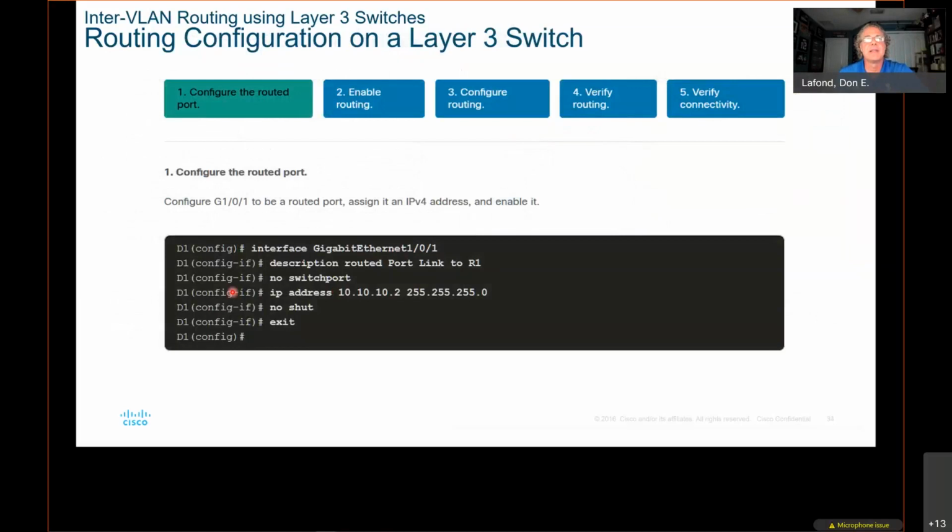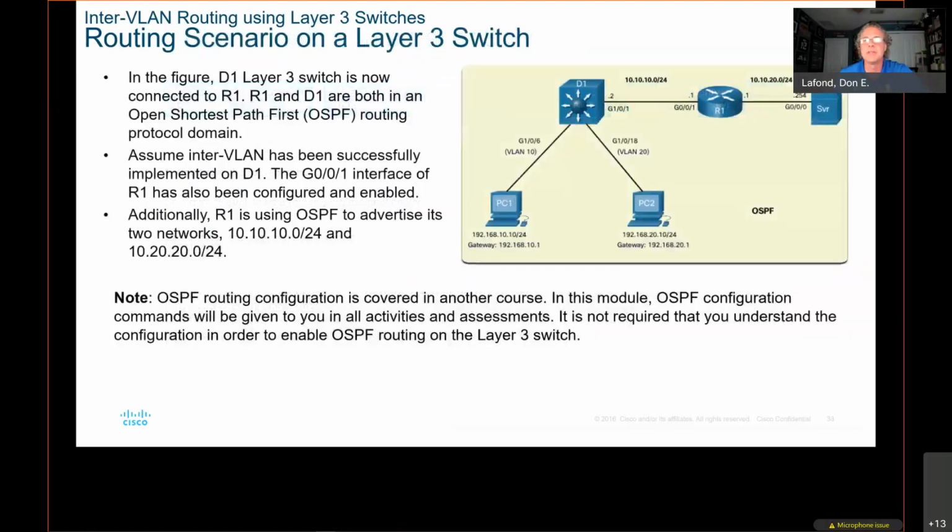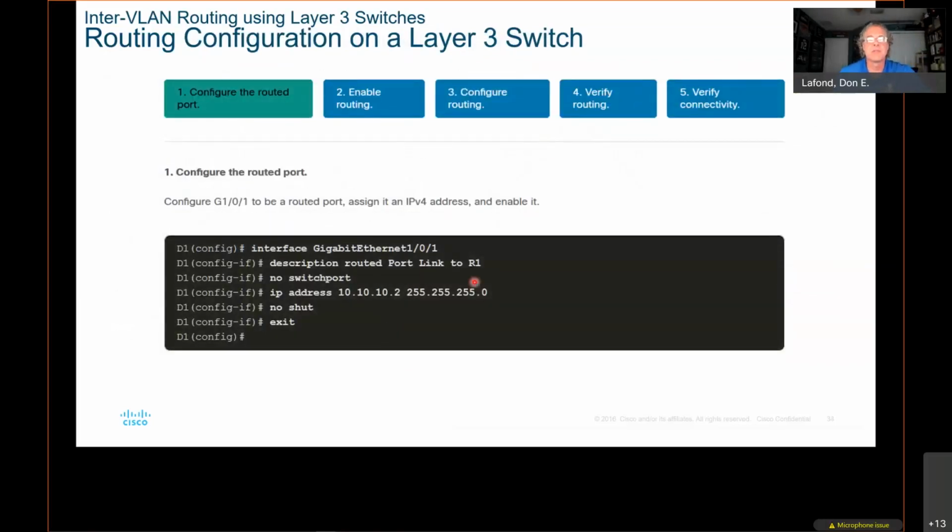So the routing configuration. Here we're going to interface G101. We are right here. And we are going to give it a description, routed port link to R1. Then to turn it into a routable port, you say no switchport.